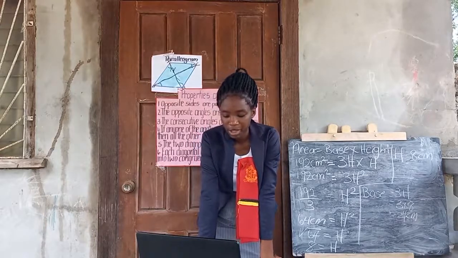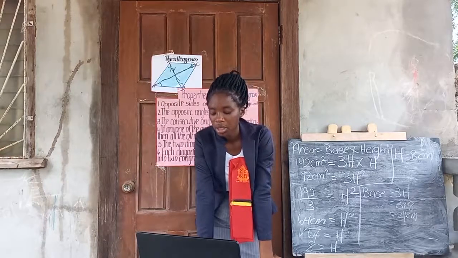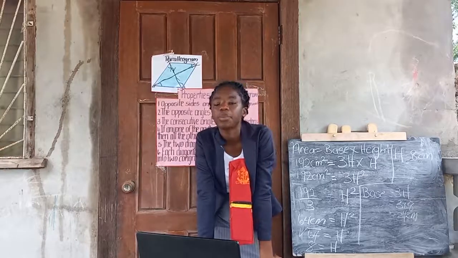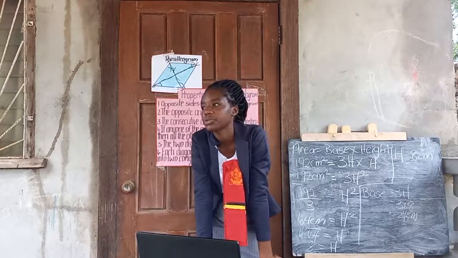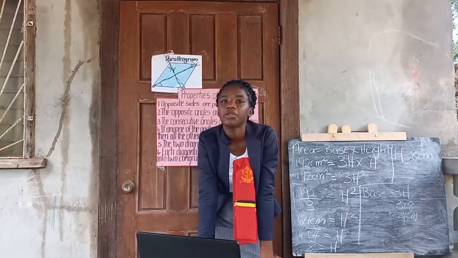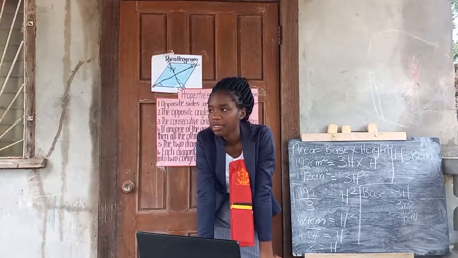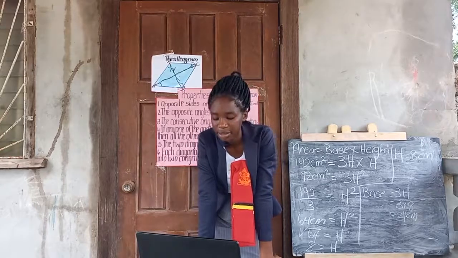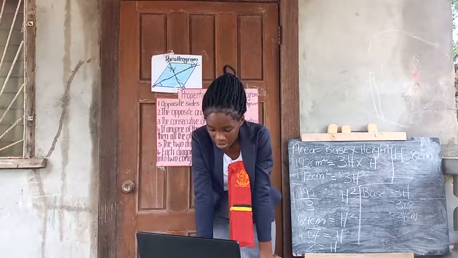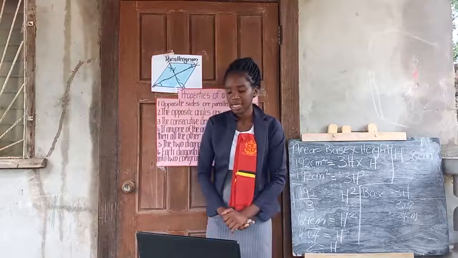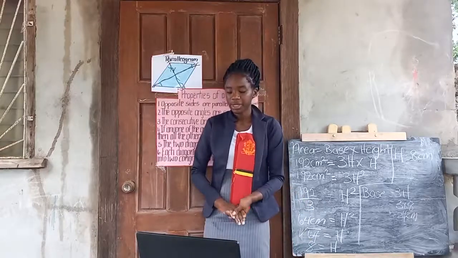What you're going to do now, you're going to work in pairs. You're going to play a game called pair share activity. So you take it as a pair and you're going to share your ideas as a pair. So what you're going to do is select a partner, and you and your partner are going to share 2 things that you learned from today's lesson, and then we're going to share it with the class.